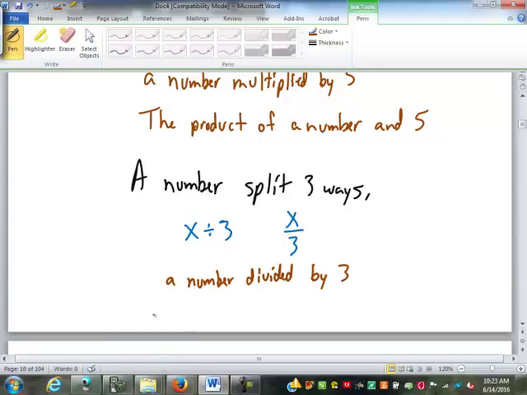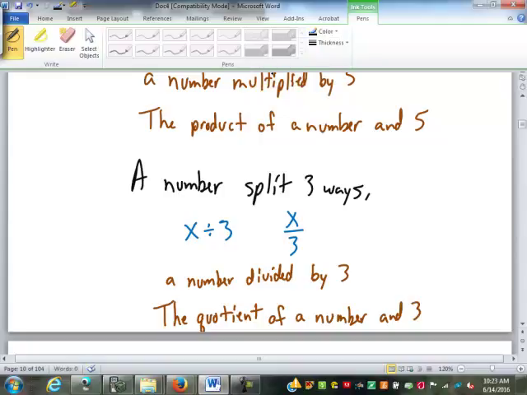Anybody think of any others? Anybody know the name for the result of a division? There you go. Quotient. The quotient of a number and 3.